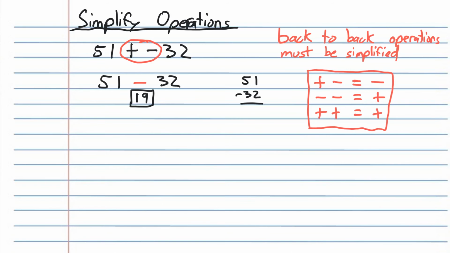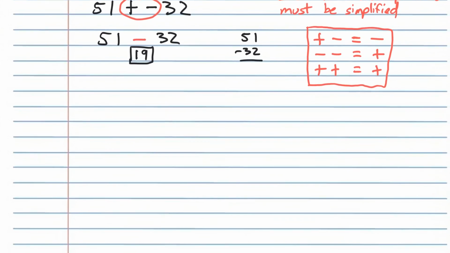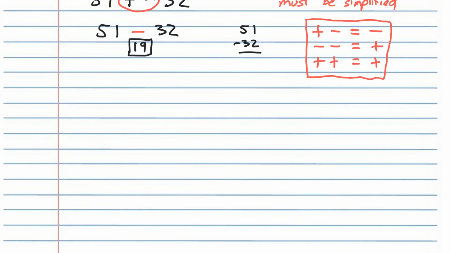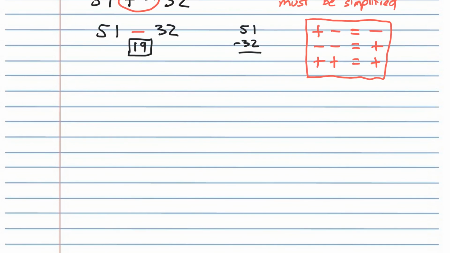Okay, so don't forget that you have to simplify the operations whenever they're back to back like this. At this point, what I would like you guys to do is I want to put 4 questions on the screen down here, and I would like you to pause the video and try it on your own. So I want you to try the following.